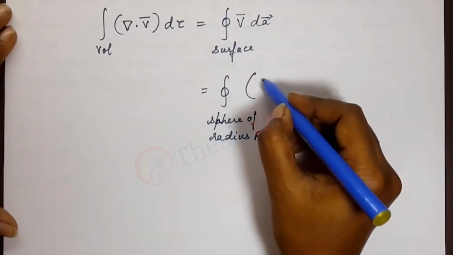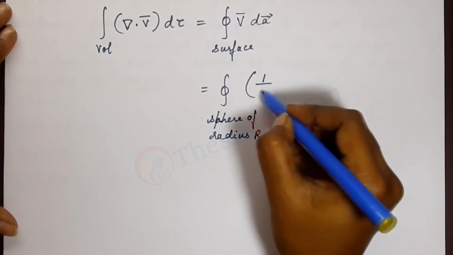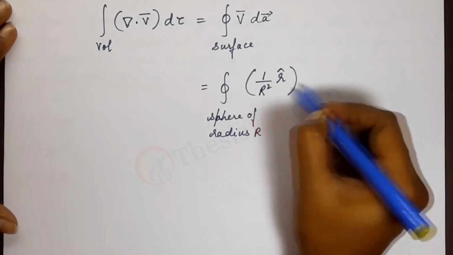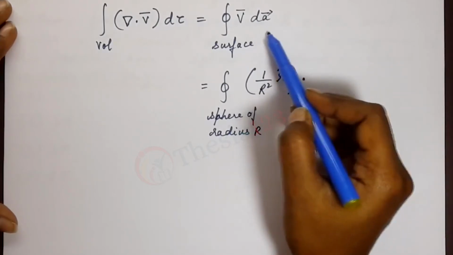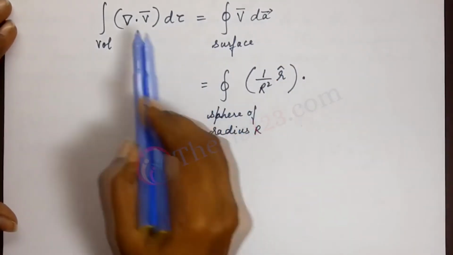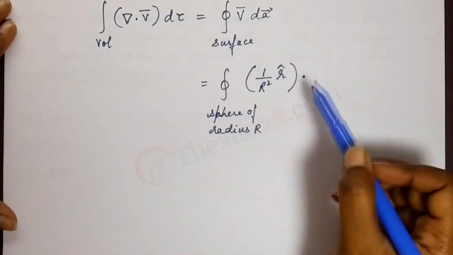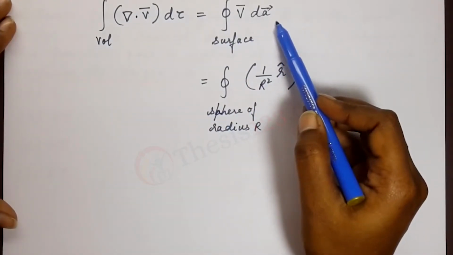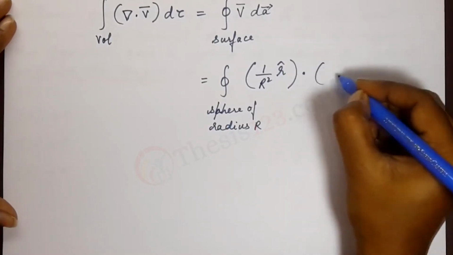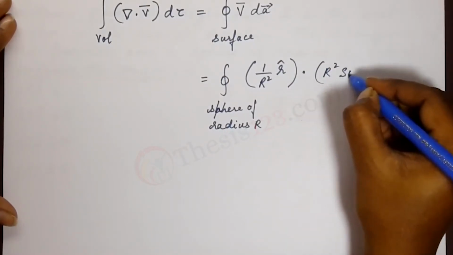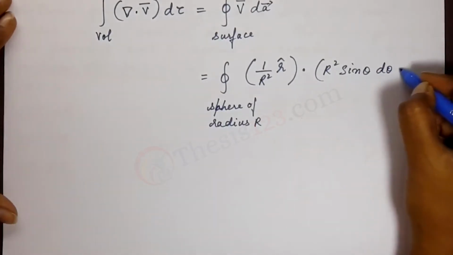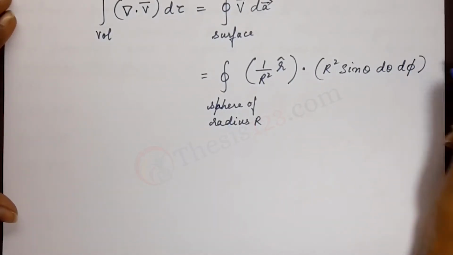The function given to us is 1 by r square r cap. Now dA, this is a dot product, please note, it's delta dot V, so that's a dot product. So dA bar corresponds to r square sine theta, because we are working in spherical coordinates. So that's d theta d phi.